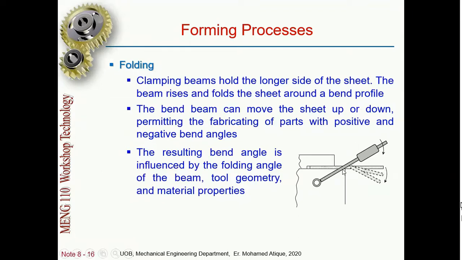The difference from bending was, in the bending operation, the punch was descending from up to down, and during the descent it was bending it completely into an L shape. Here we can get different shapes, not necessarily an L shape. Here we can get different bend angles. So depending on the required folding angle, we can bend it accordingly to get the resulting bend angle.